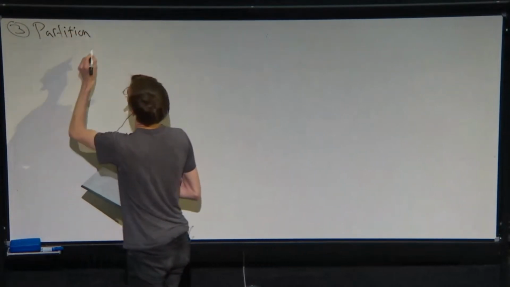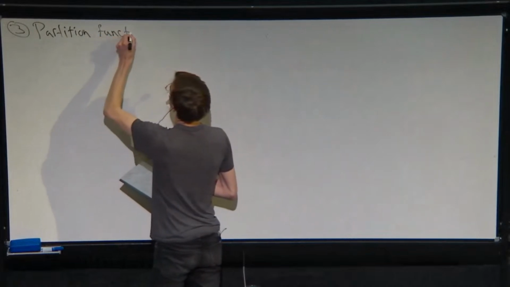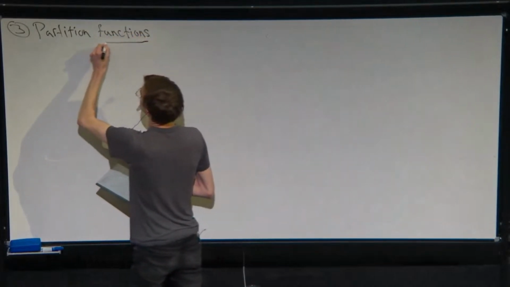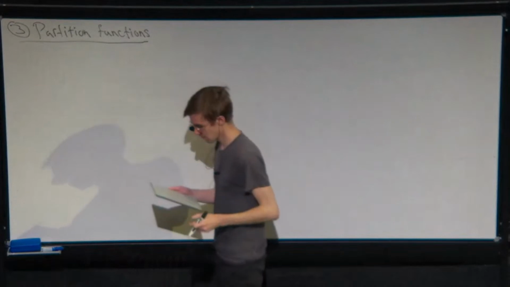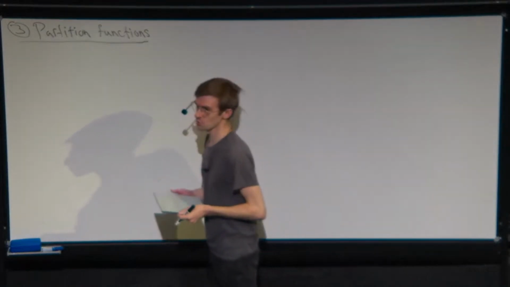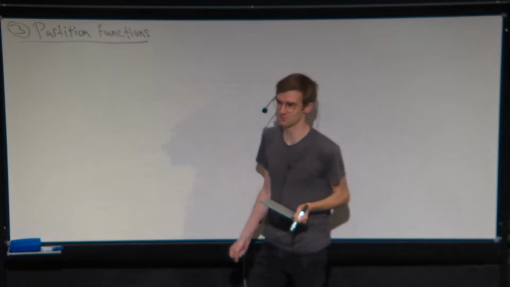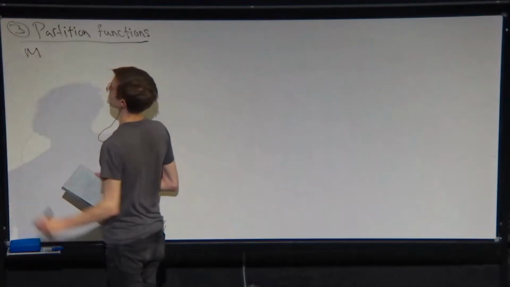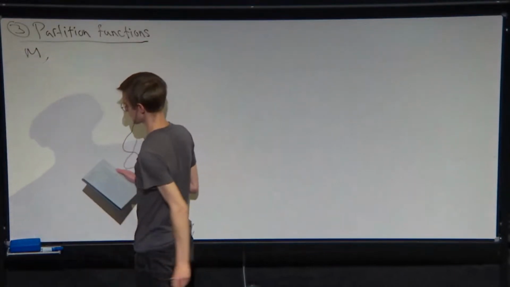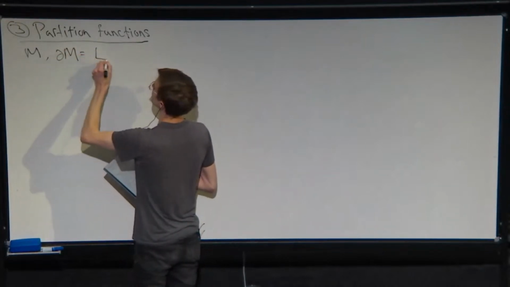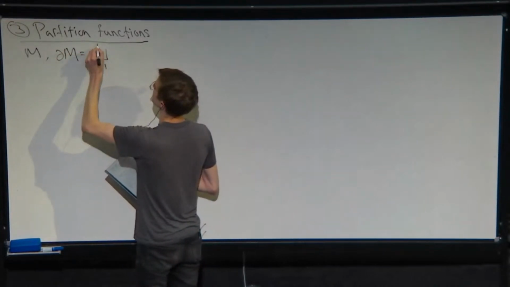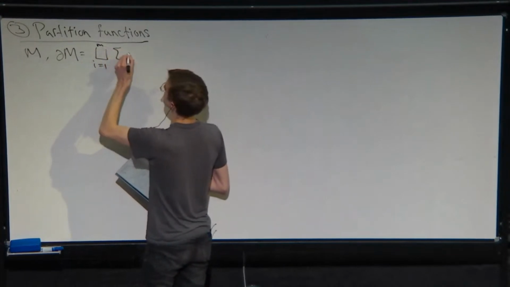Partition functions. So the role in life of a TQFT is to compute partition functions on three-manifolds. So suppose you have some three-manifold M, and suppose it has some disconnected boundary components. So the boundary of M is some disjoint union of Riemann surfaces.